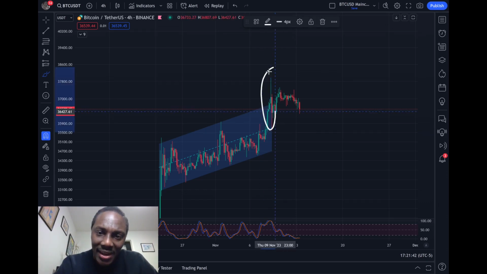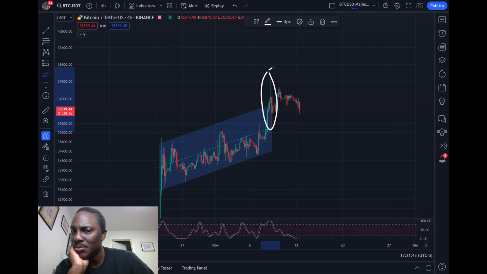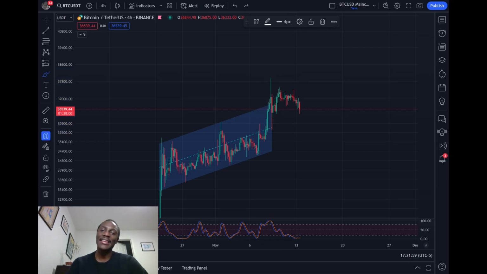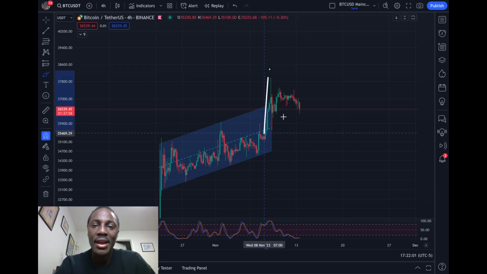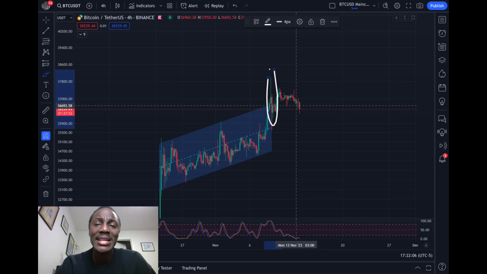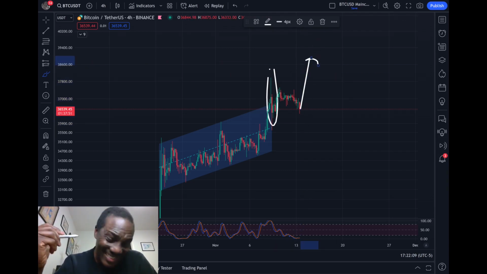The price action on this move tells me it's an A wave, an initial break of structure. That's what it looks like, okay? It looks like an initial break of structure, and the fact that it came in and around the new moon and we didn't get an extra move up tells me a lot.